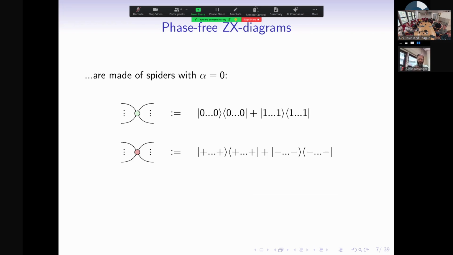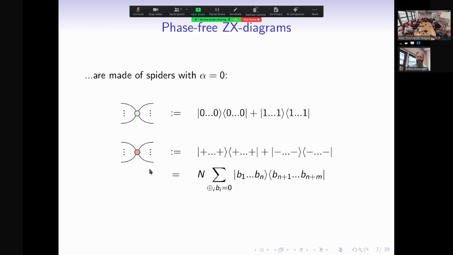Okay, so maybe I'll say a little bit more about this family of diagrams. They're made out of spiders with alpha equals 0. The reason that you never see a minus showing up in these matrices is that in the special case where this x dot has no relative phase, there's another way that I can present it. Rather than as a projector onto this 2D subspace, I can think of it as a projector onto the even parity subspace of the computational basis.